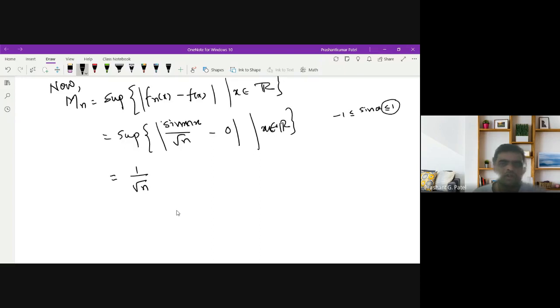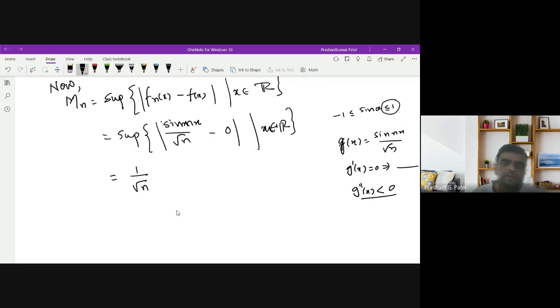If you want, you can prove it by taking your function g of x as sin nx upon root n, then calculate g dash of x equal to 0, and whatever points you get, put them into g double dash of x. At the point where we have a negative value, we have the maximum value, its supremum.